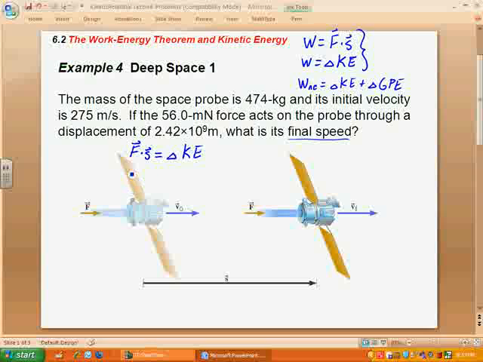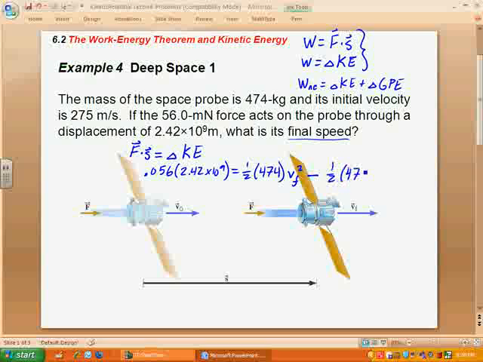For the force, we're going to have 0.056 newtons. The displacement is going to be 2.42 times 10 to the 9th. That will equal the change in kinetic energy, so 1/2 times the mass, 474, times the final velocity squared, minus 1/2 m initial velocity squared, so 275 squared.